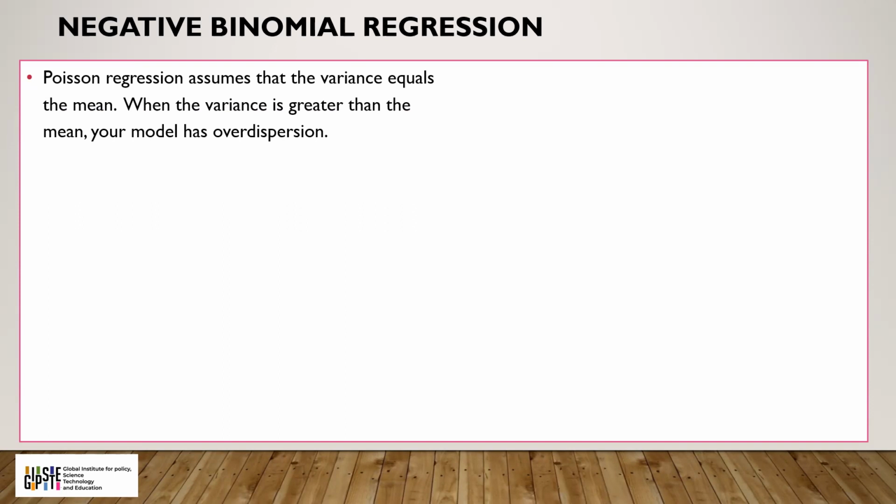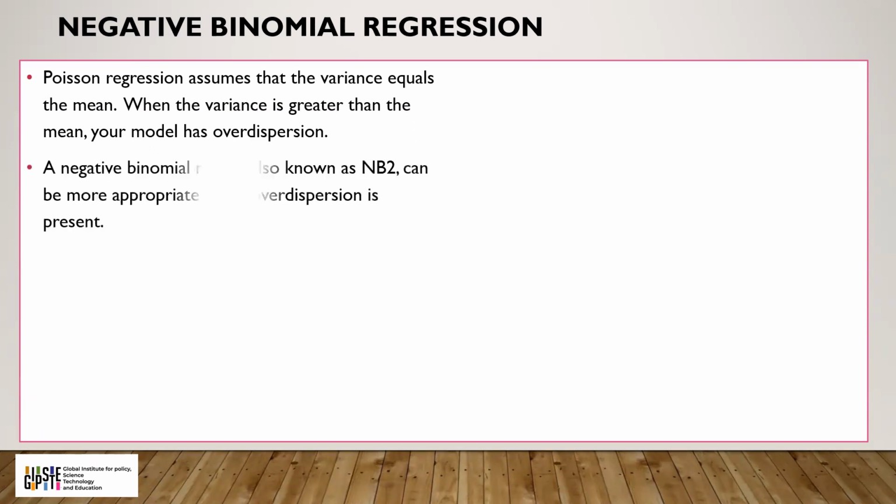When the variance is greater than the mean, then your model has overdispersion. Then you can't use Poisson regression, because Poisson assumes the variance is equal to the mean.